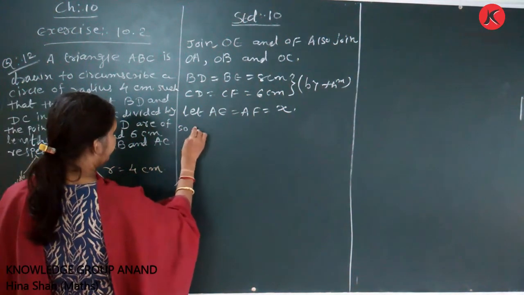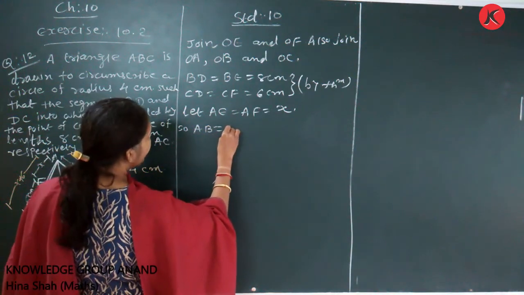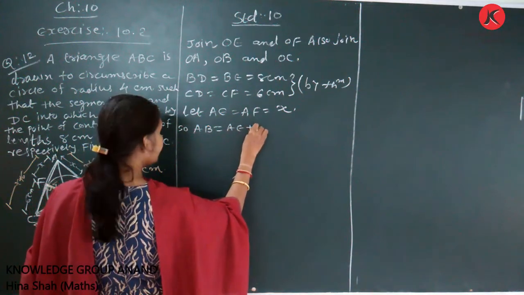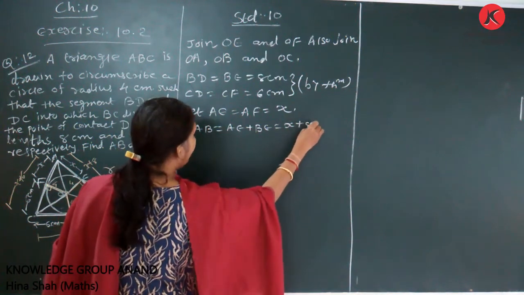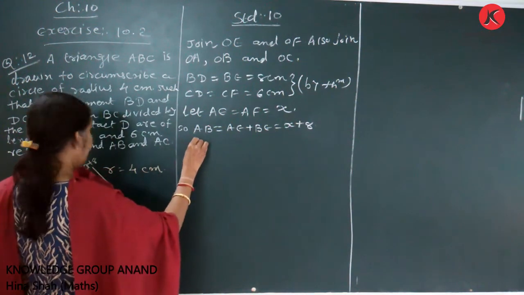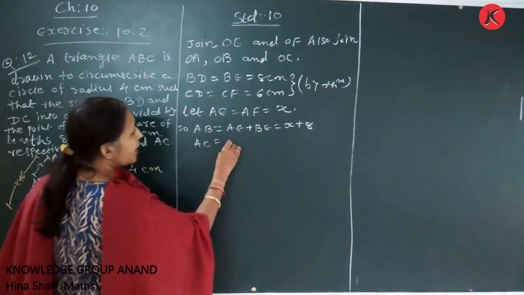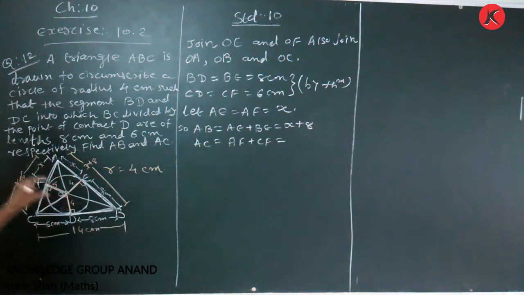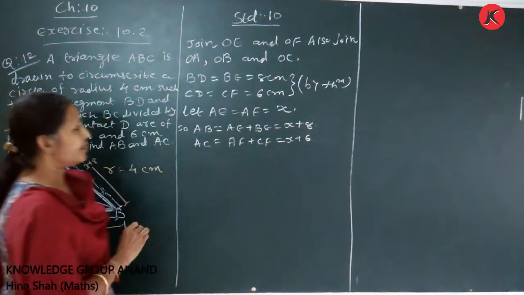So, AB is equal to AE plus BE, which is x plus 8. AC is equal to AF plus CF, which is x plus 6.